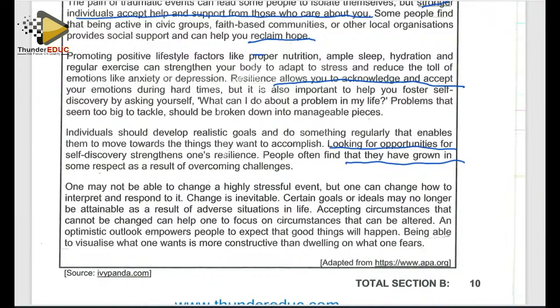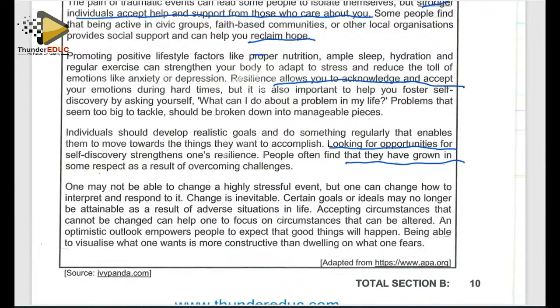One may not be able to change a highly stressful event, but one can change how to interpret and respond to it. Change is inevitable. Certain goals or ideals may no longer be attainable as a result of adverse situations in life. Accepting circumstances that cannot be changed can help one to focus on circumstances that can be altered. An optimistic outlook empowers people to expect that good things will happen.